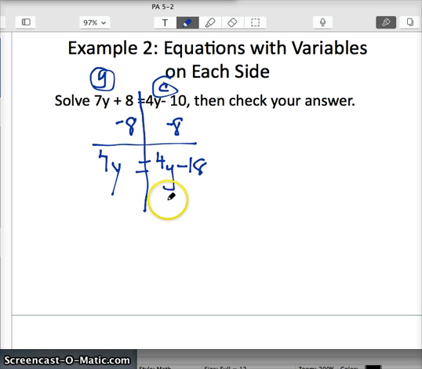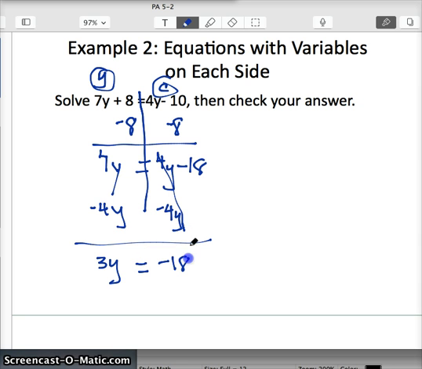At this point, I need to do the same thing on this side. This side, the right side, only wants constants. Which one has to go? I hope you recognize that it's the 4y. I'm going to subtract 4y from both sides. When I do that, I'm left with 3y is equal to negative 18.